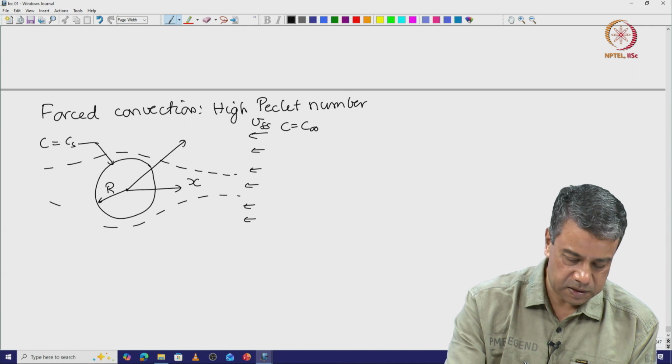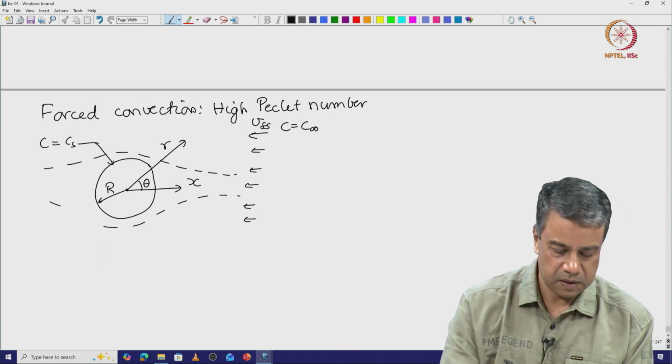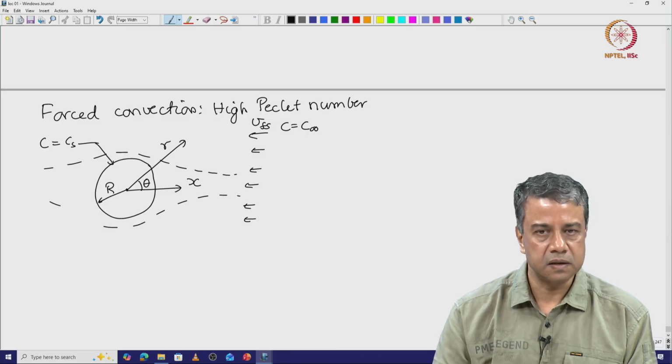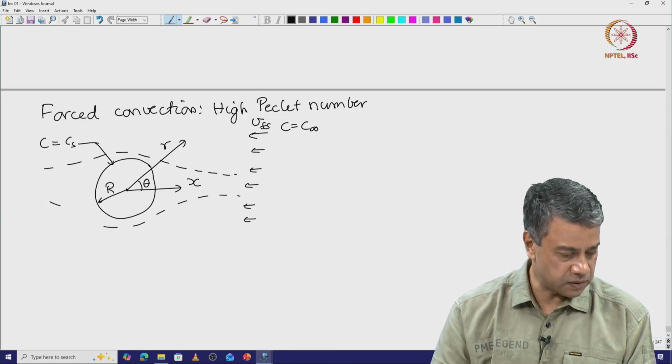Spherical coordinate system, r is the radius, theta is the azimuthal angle, and there is no variation in the phi direction or the meridional direction.